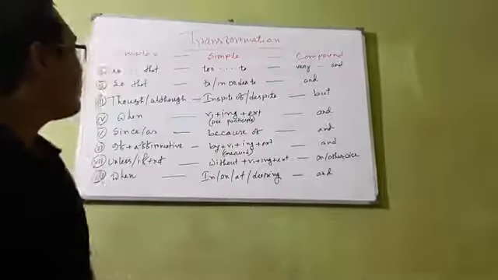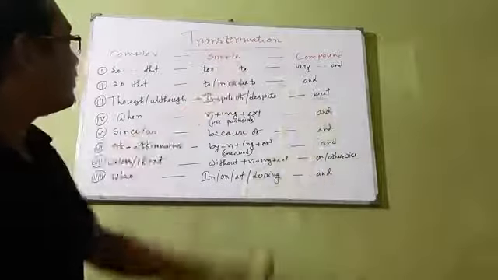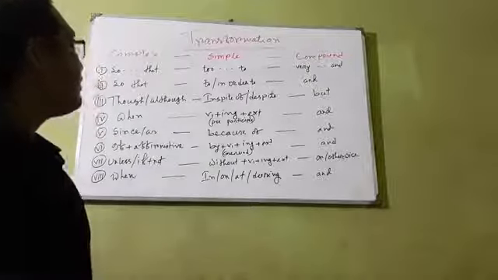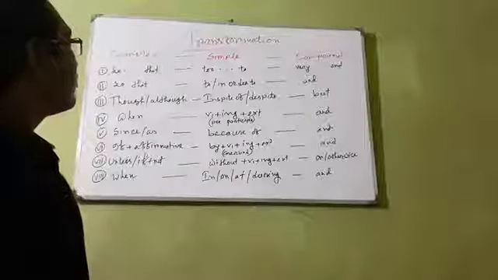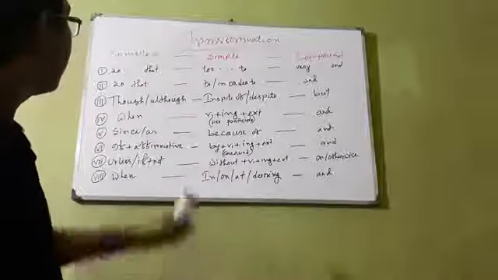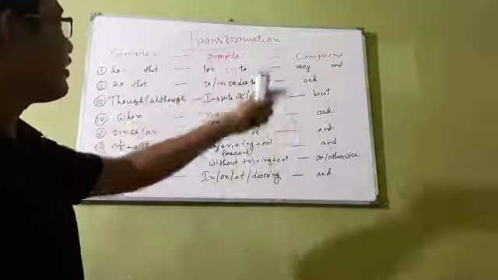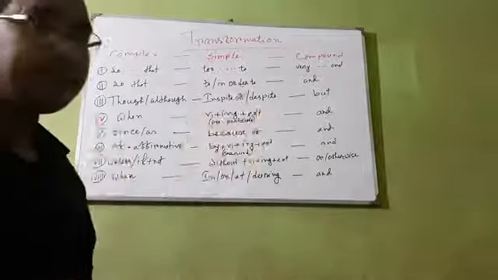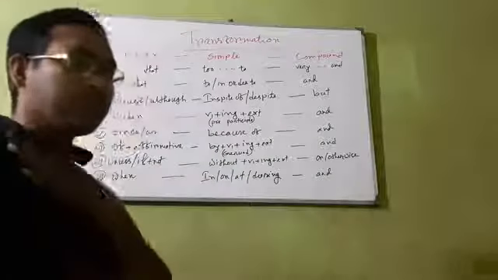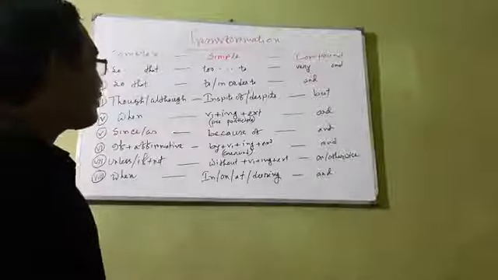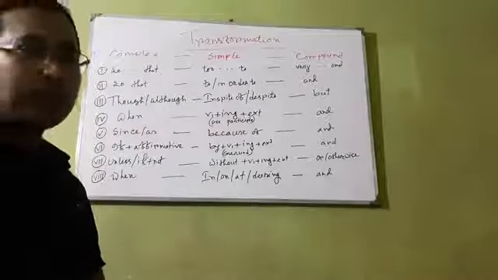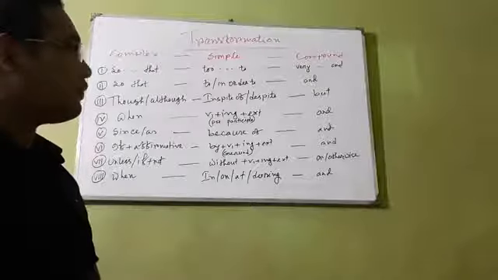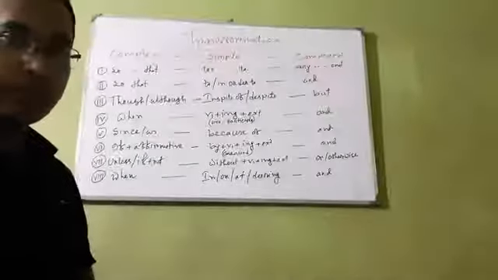Look at the whiteboard. Transformation is written at the top of the board, and it is written in red color. Then complex, simple and compound are written, and some clauses are there. Before going to the formation of sentences, I would like to mention that we get transformation in number 6 in our question paper.